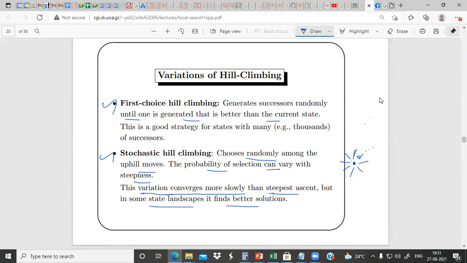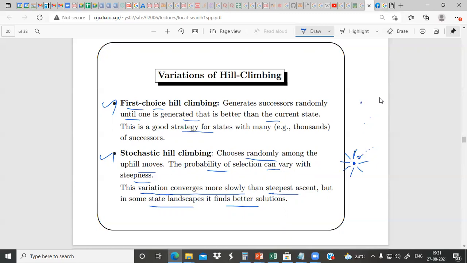So every algorithm has its own speciality. The disadvantage of this algorithm is that it converges slowly, meaning it takes more steps than the steepest ascent hill climbing generally. But in some landscapes it can find a better solution. And the advantage of first choice hill climbing is that it is a good strategy for states with many successors.